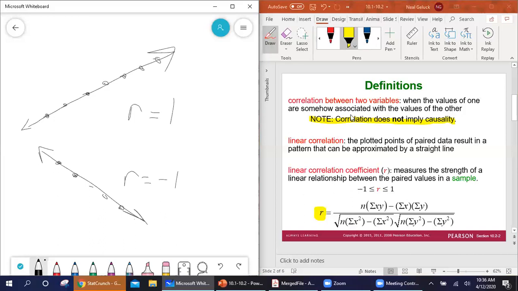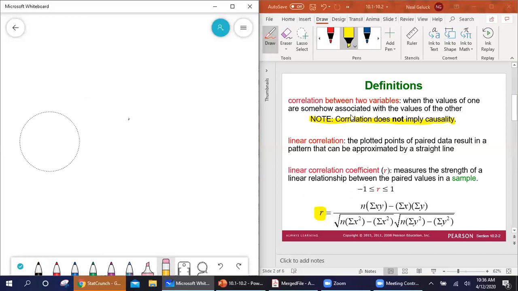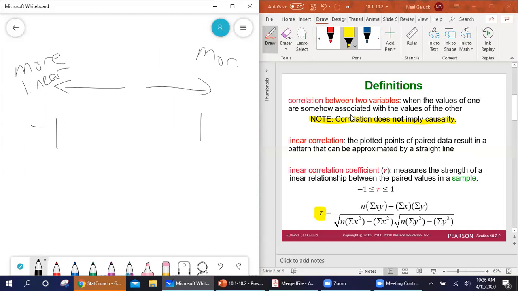So in general, the closer I get to either -1 or 1 means more linear. Meaning right in the middle, 0, this means less linear. So closer I am to 0, bad.